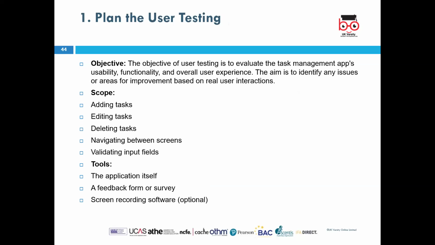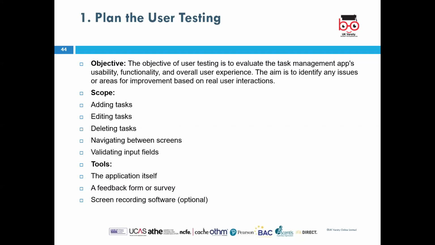By planning the user test, we can see that our objective is to evaluate the task management app's usability, functionality, and overall user experience. The scope that we have is adding a task, editing, deleting the task, navigating between screens, and validating the input fields.